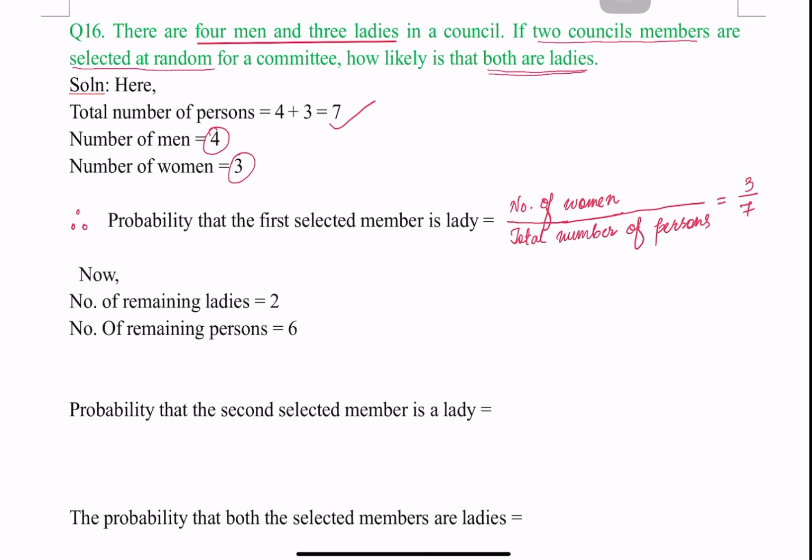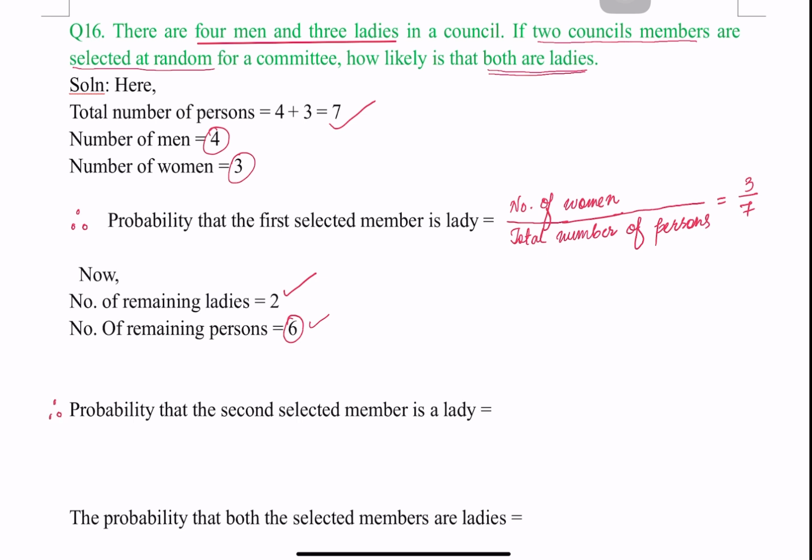Now the number of ladies has been reduced to 2 after we have selected 1 lady, and the number of remaining persons is only 6. Now from this, let us find the probability again.